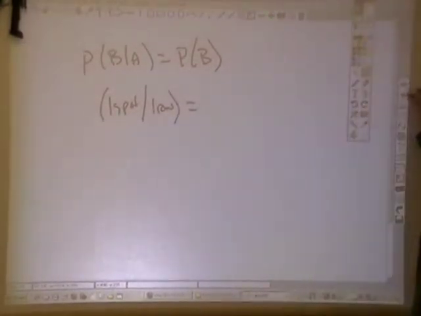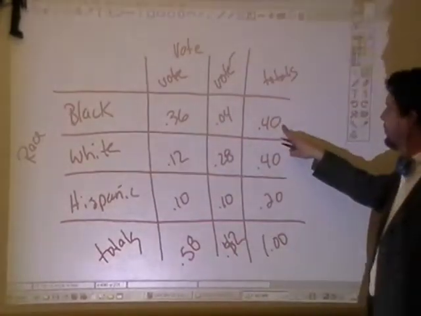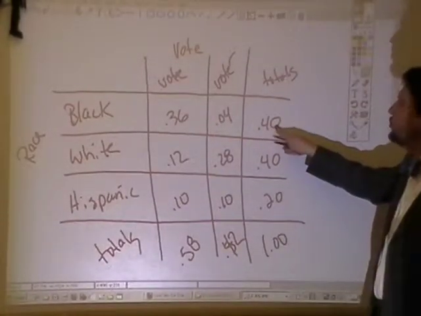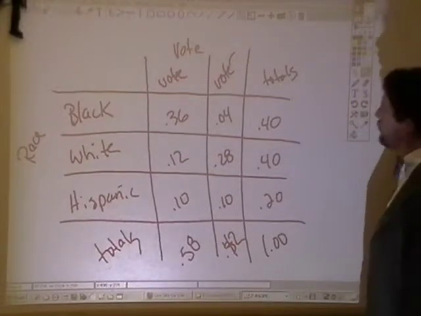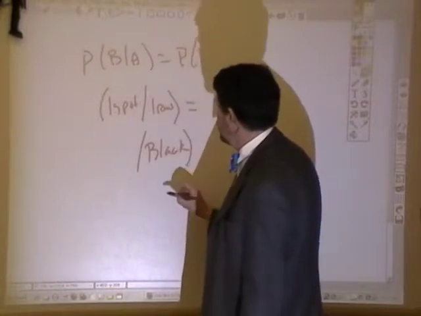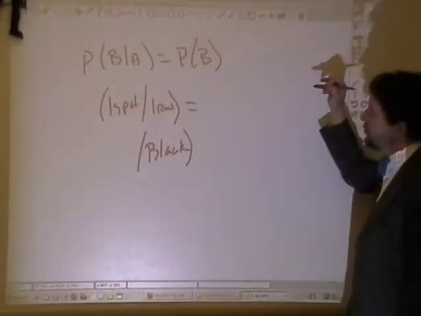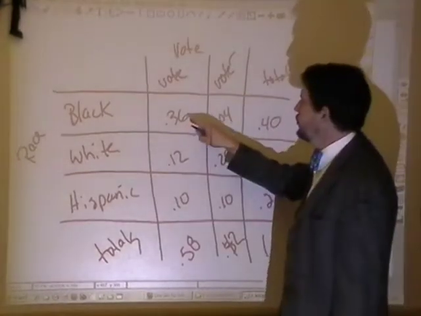Okay, so what's the first row? The first row, the way I set this up, is black. So I would write this as given that you are black, what's the probability that you voted for him?